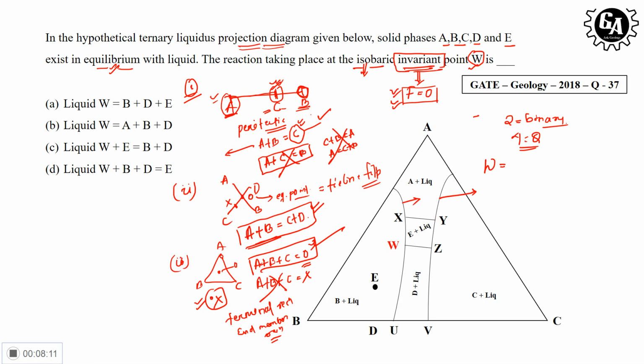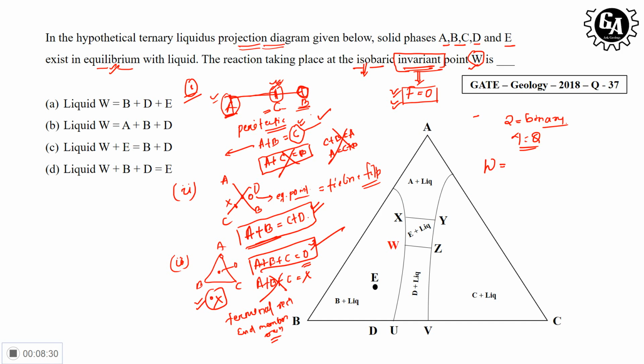So you have to write down one reaction for a particular point as well as on the line. Better to say on a curve, because these are curved lines. So we can see what phases are present at W.